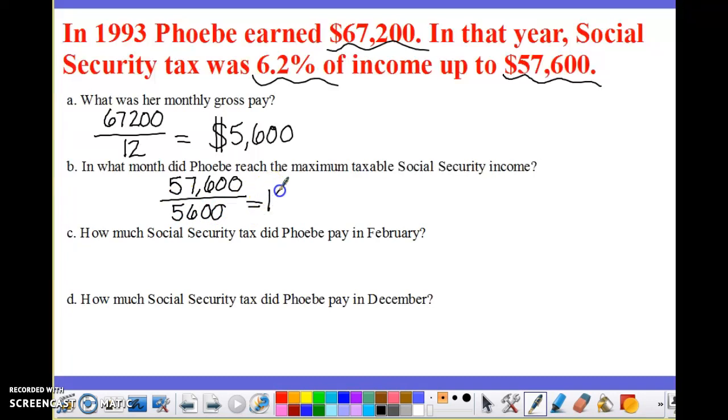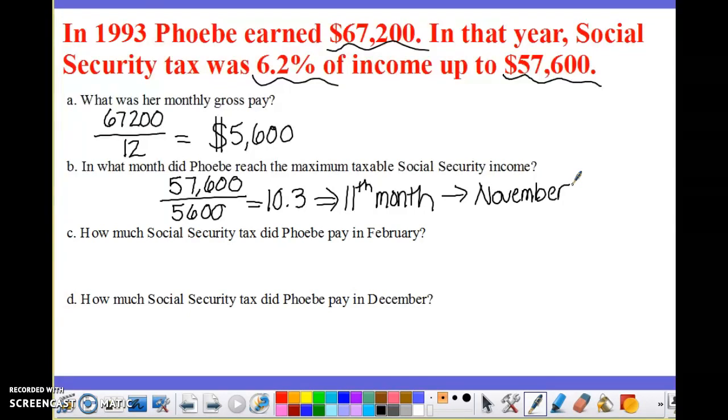We get something like 10.3, which means somewhere in the 11th month she will reach her maximum taxable Social Security income. The 11th month is November, so in November she's probably paying less Social Security tax than in other months, because she's just paying the remainder until she gets to that max income.